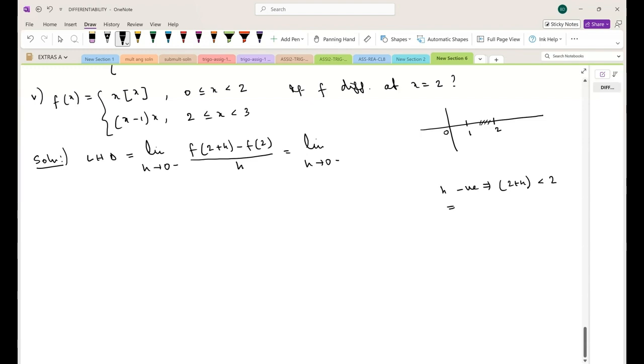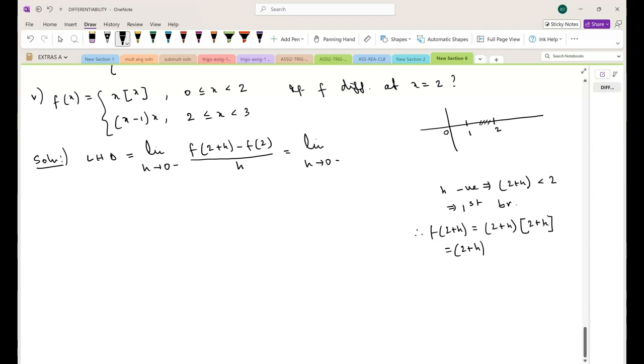That means the first branch will act here. Therefore f of 2 plus h is equal to 2 plus h into box of 2 plus h. Now, what will be box of 2 plus h?